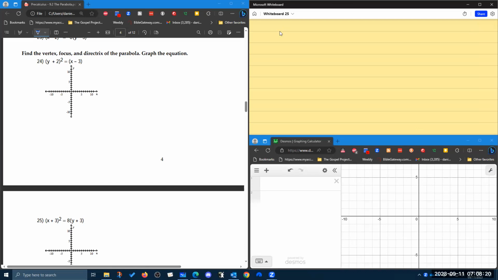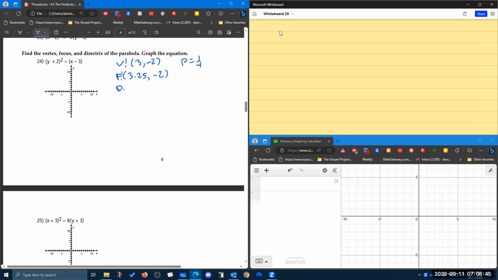So let's go ahead and start with the stuff we've already been doing. The vertex here is going to be (3, -2). The p-value is going to be 1/4 because this is 4p = 1. It's going to open horizontally here because it's y², which means that its focus is at (3.25, -2).